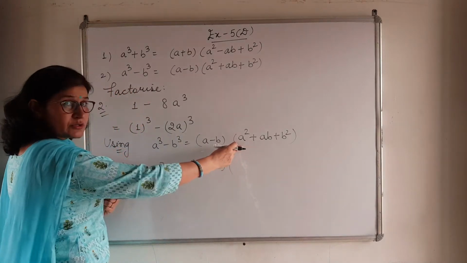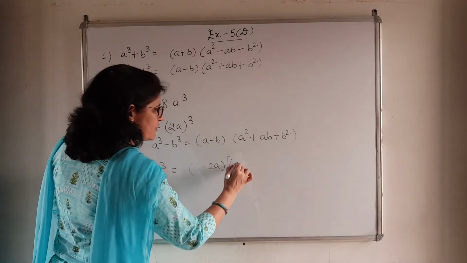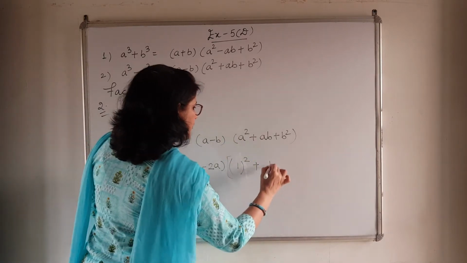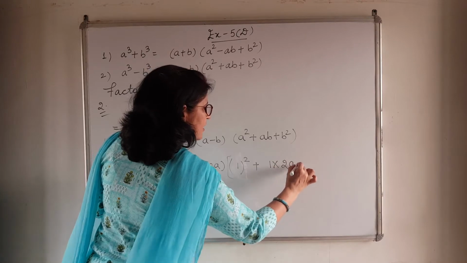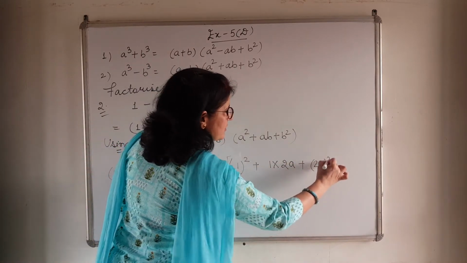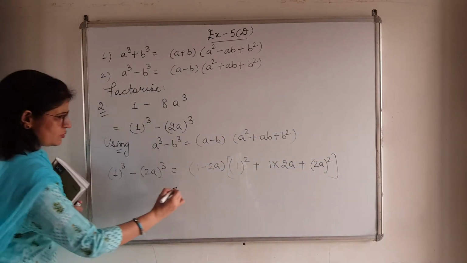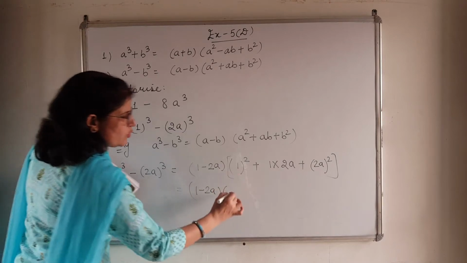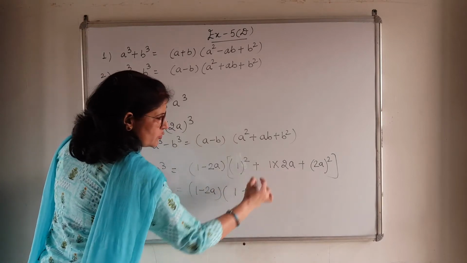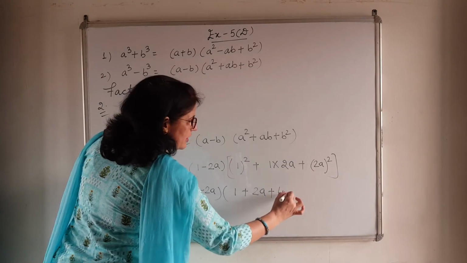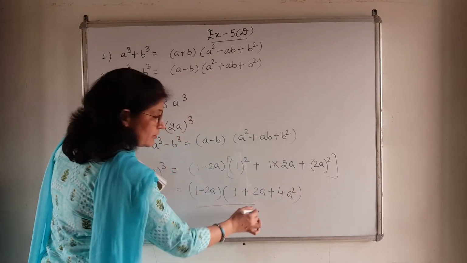The second factor, square of first term, 1 square, plus their product, 1 into 2a, plus square of second term, 2a whole square. So our factors are 1 minus 2a into 1 plus 2a plus 4a square. So these are the factors.